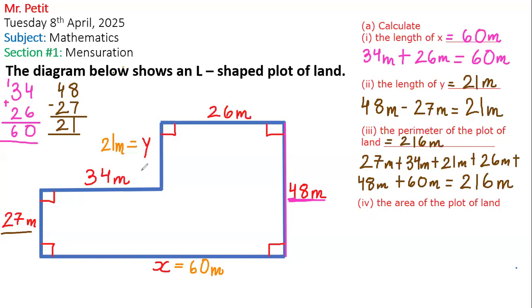Then do 34 times 21 to find the smaller rectangle. The 34 is here, right? And 21 is here. Yes, sir.